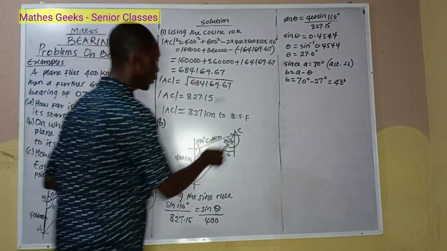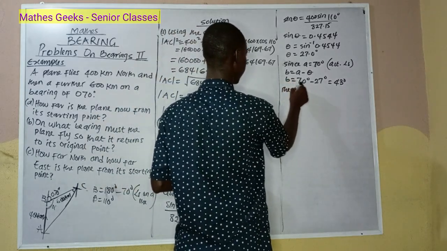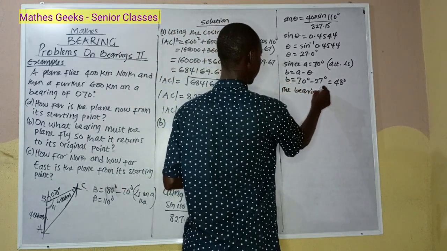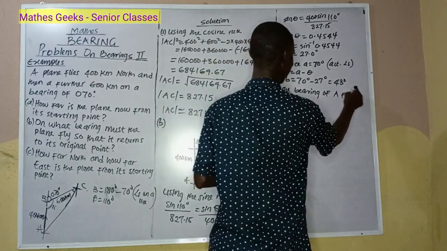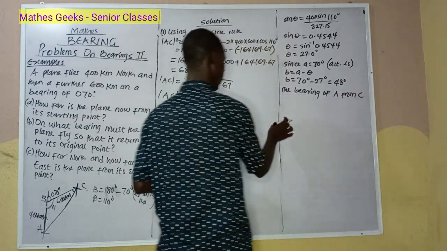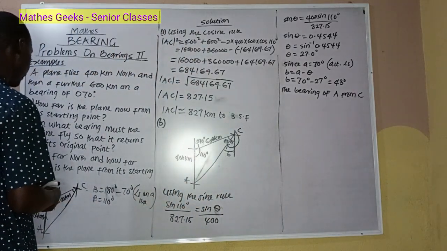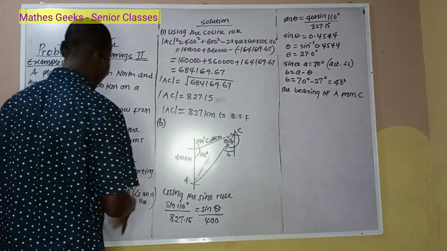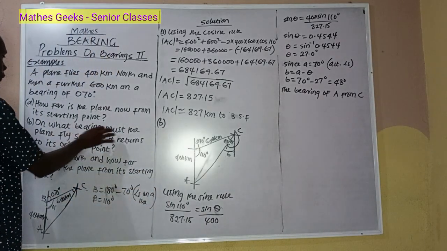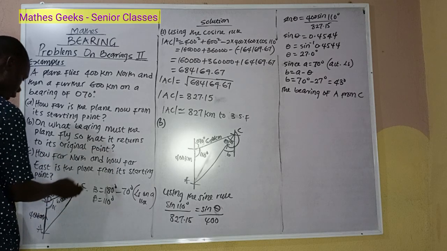Now 43 degrees plus 180 degrees, the bearing of A from C, or a better way to say it, the bearing of the plane from its original point. The question asks: on what bearing must the plane fly so that it returns to its original point? So it must fly in this direction.